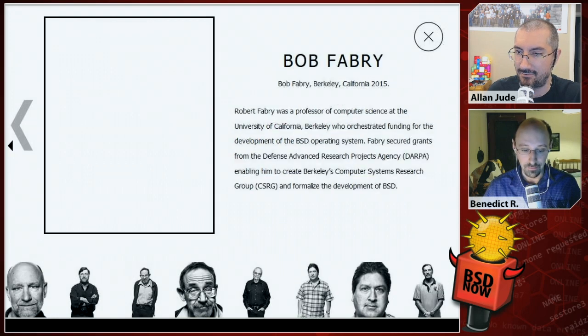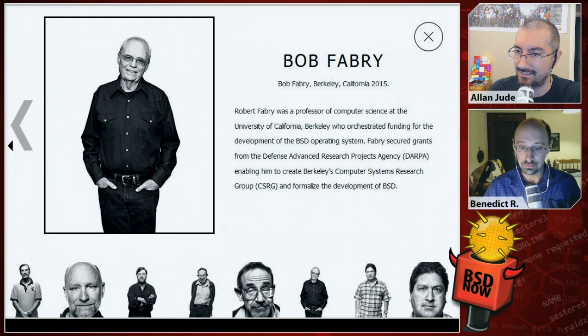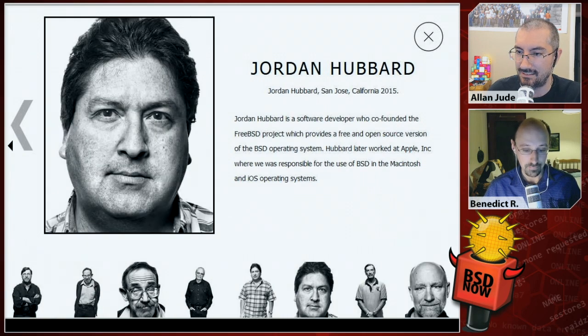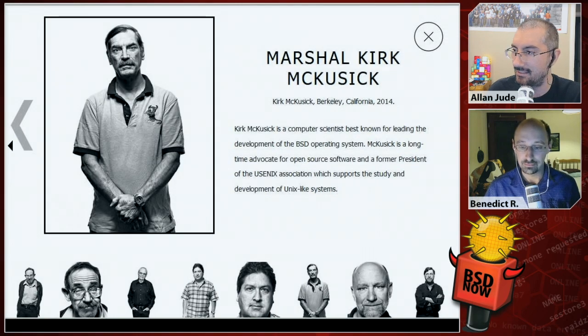And then we got Bob Fabry, who actually got the grants from DARPA to fund the CSRG. Jordan Hubbard, who was one of the 3 founders of FreeBSD and went on to work at Apple and integrated into iOS and OS X.